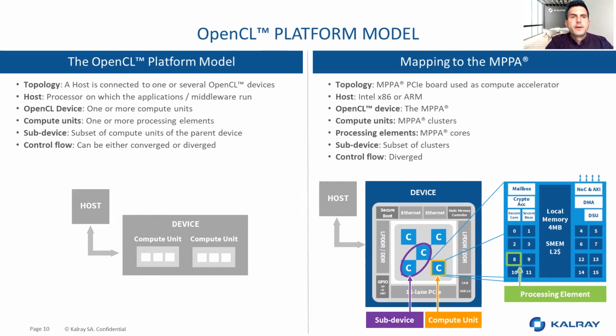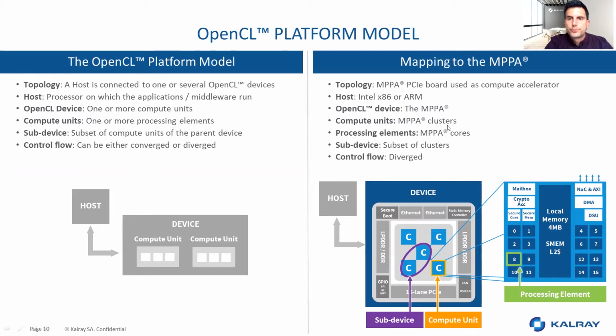The OpenCL device itself is made of one or more compute units. Compute units are made of one or more processing elements, and there is also a notion of subdevice, which is a subset of compute units of the parent device. So basically, you can partition a device into smaller devices on a compute unit basis. OpenCL supports both converged and diverged control flows.